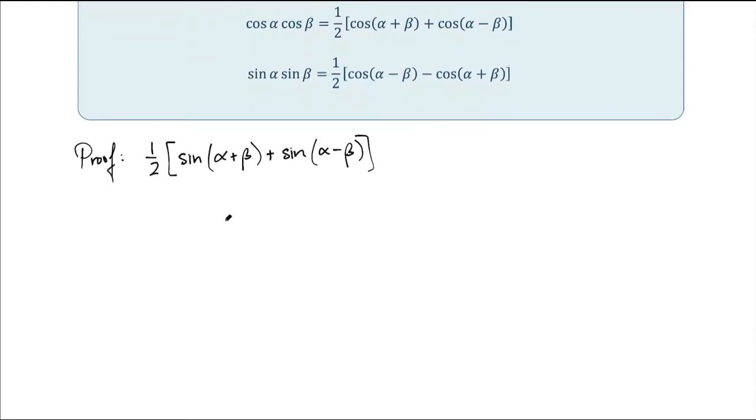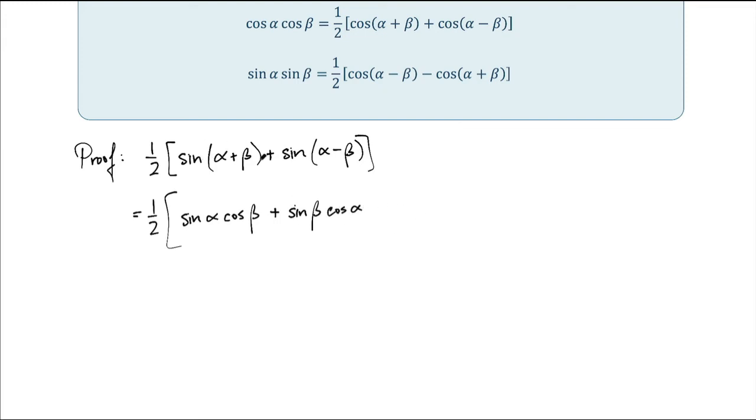And this is going to happen by simply using the sum and difference identities for sine. So the sum identity for sine of alpha plus beta is the sine of alpha times the cosine of beta, and then plus the sine of beta times the cosine of alpha.